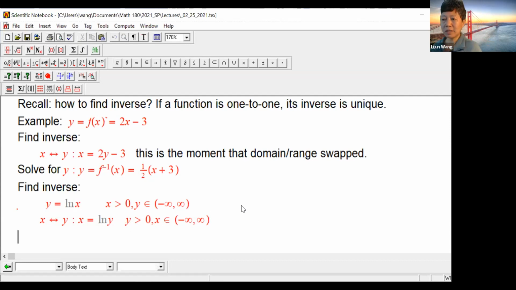Okay, and of course now we're going to solve for y. How do you solve for y? By definition, y equals e to the power x.